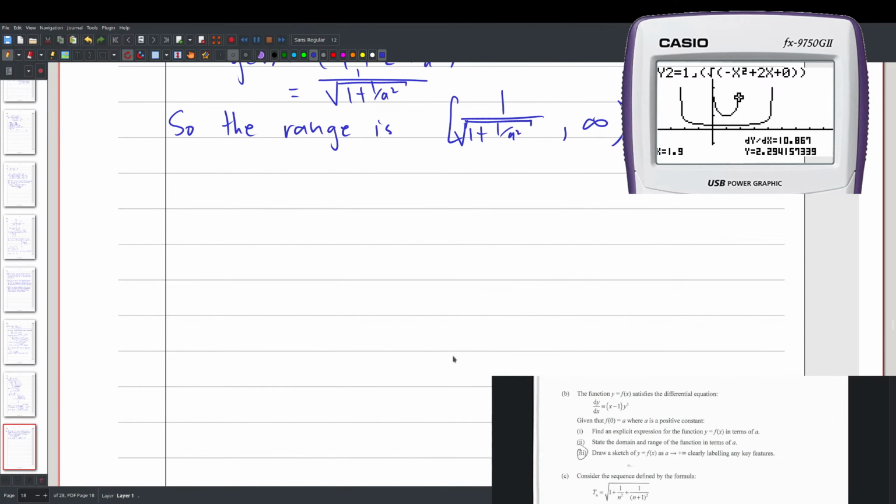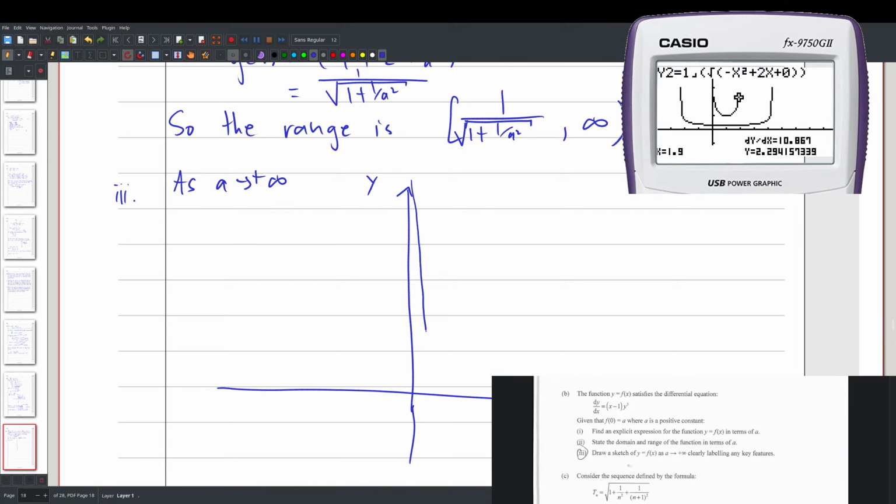Cause you can't technically have a equal to positive infinity. It just looks like this, like x and y and asymptote.